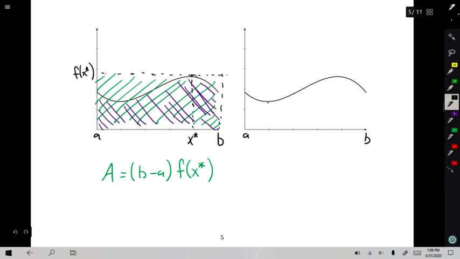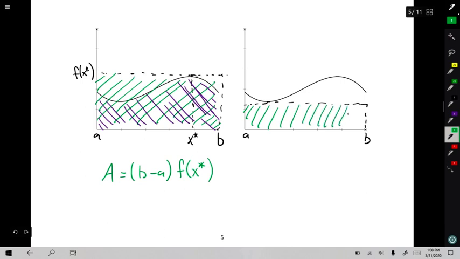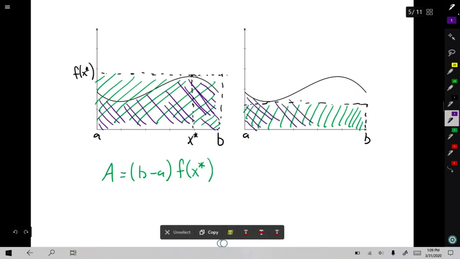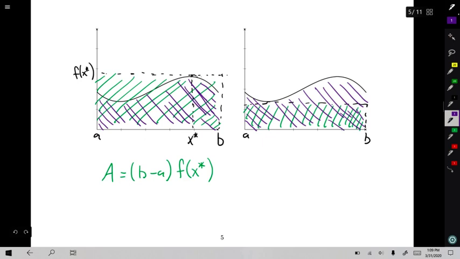Let's draw out a rough picture of that rectangle. My estimated area is green again, so the area under this rectangle, and the area that I'm trying to compute is this purple. So certainly green here is an underestimate for purple, because purple includes all of the green area and then some more.